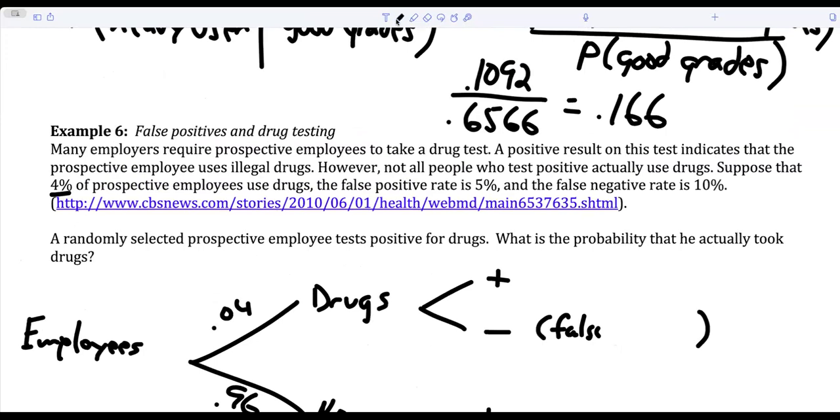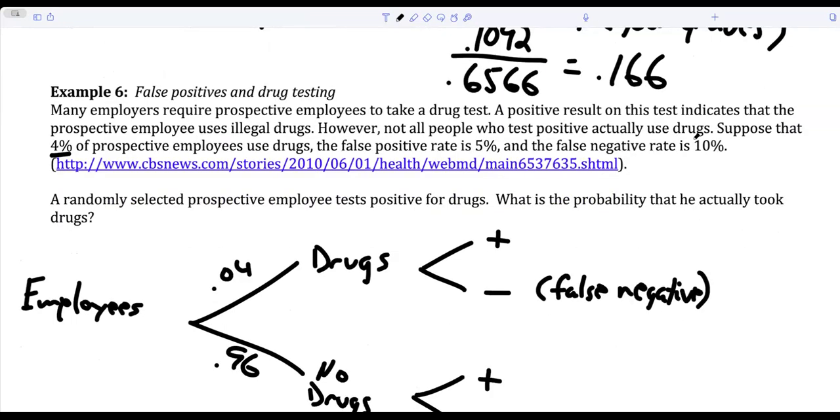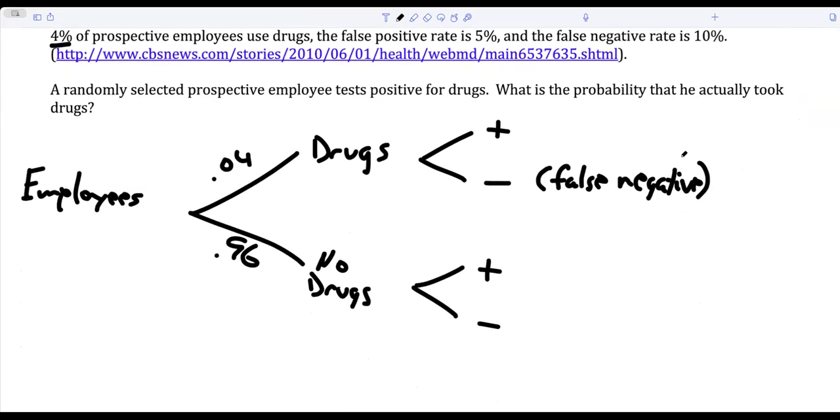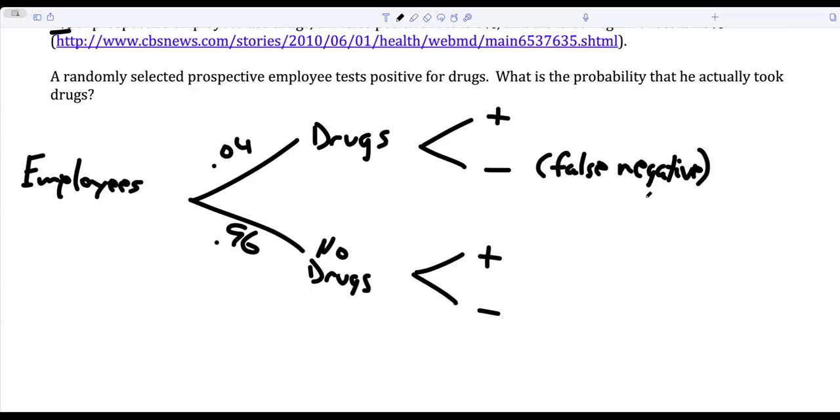This would be a false negative. There we go. Now we're in business. Okay, and so likewise, if they test positive, however, they are not using, this would be the false positive.